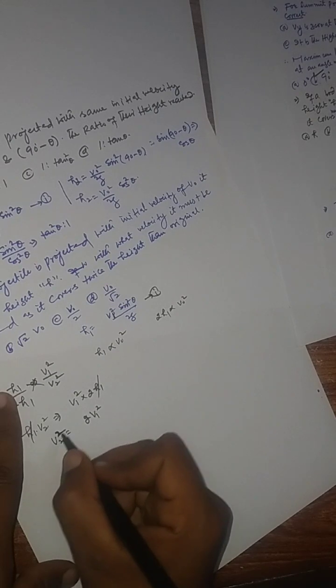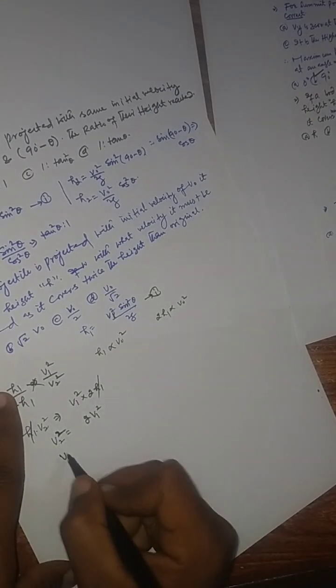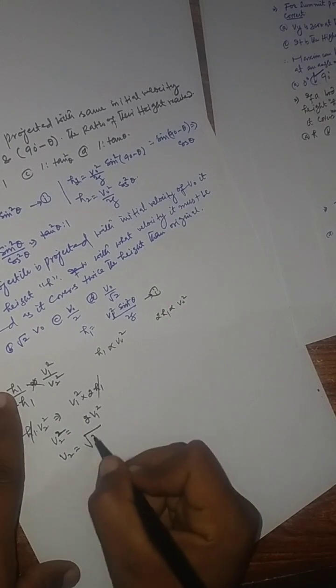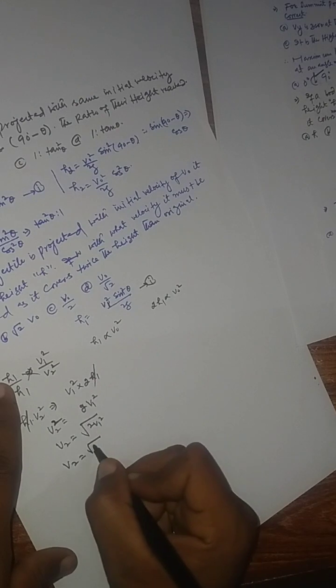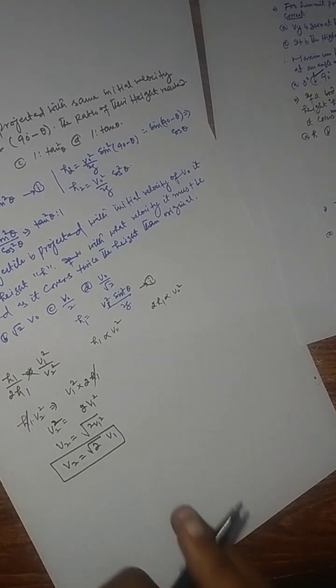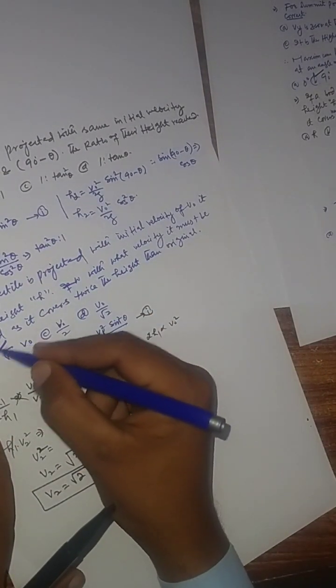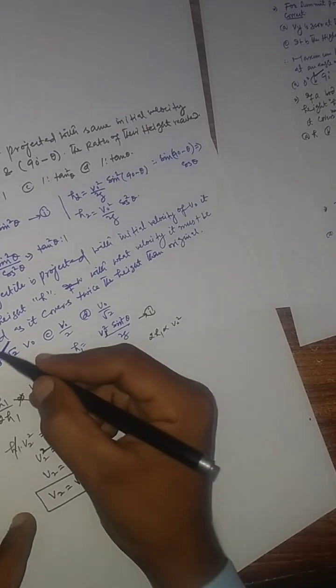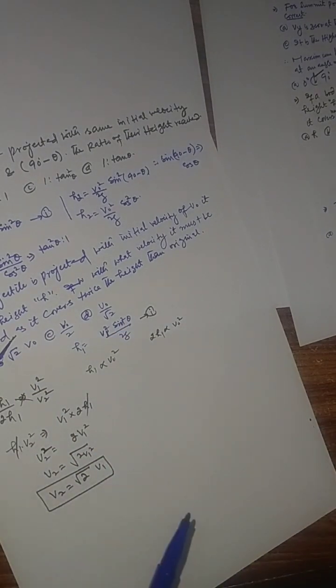Taking the square root, v2 will be equal to under radical 2 v1. If we increase the velocity under root 2 times that of the original, then height will be twice the original height.